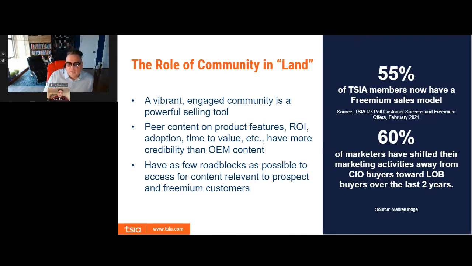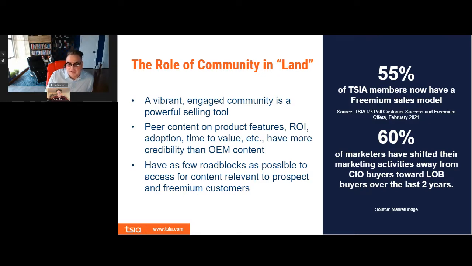So, I think the more we can do to open up more of the community, encourage these conversations about adoption and value and outcomes received is going to be a huge assistance in the sales process and hopefully start boosting those freemium conversions, which are averaging around 4 to 6%, which is not very good.